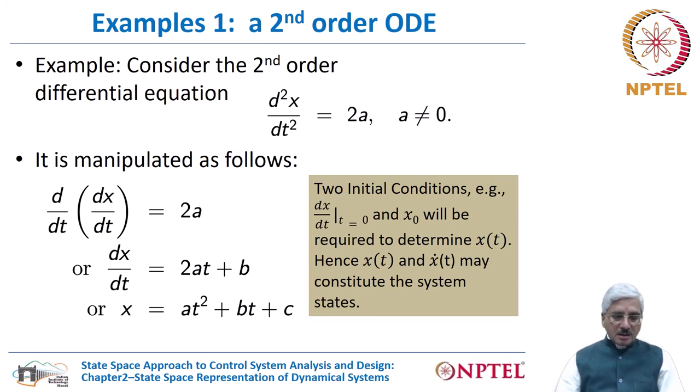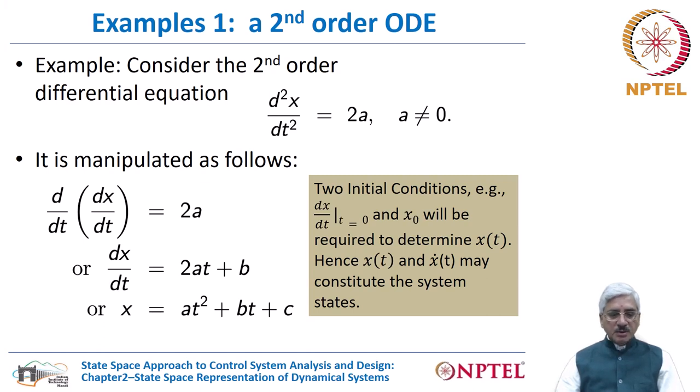One choice of initial condition could be the knowledge of dx by dt, the first derivative of x at t equal to t0 or t equal to 0, along with the knowledge of the quantity x at t equal to t0 or t equal to 0 in this case, which will be adequate to determine b and c. In fact, b is the first derivative itself at t equal to 0 and c is x itself at t equal to 0.